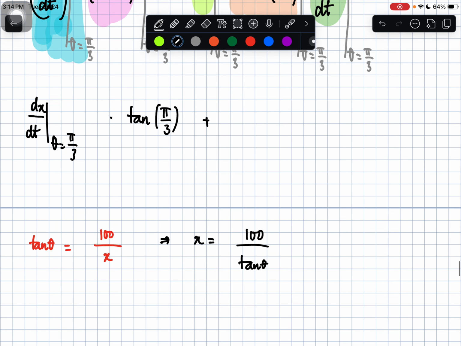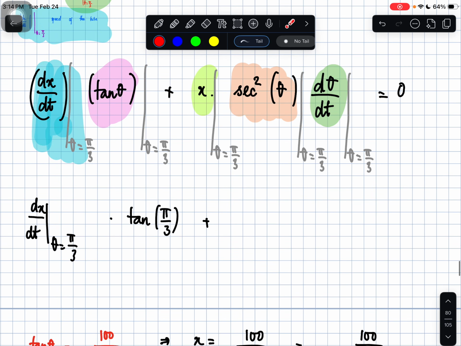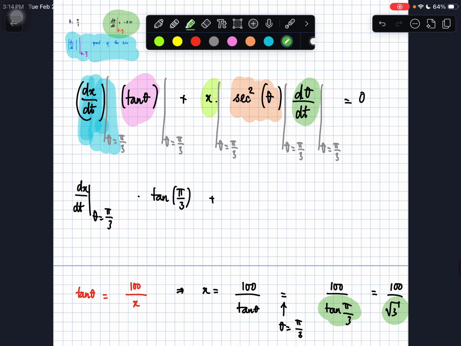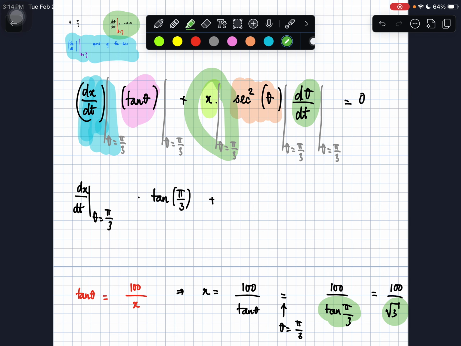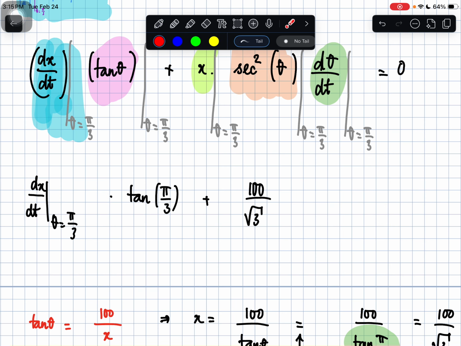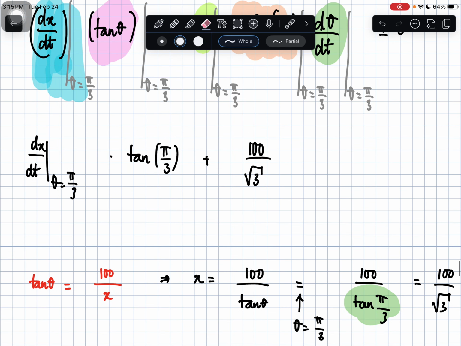With theta equal to pi over 3, x is 100 over tangent pi over 3. Tangent pi over 3 is square root of 3, so this term is 100 over square root of 3. And I can also replace tangent by square root of 3.